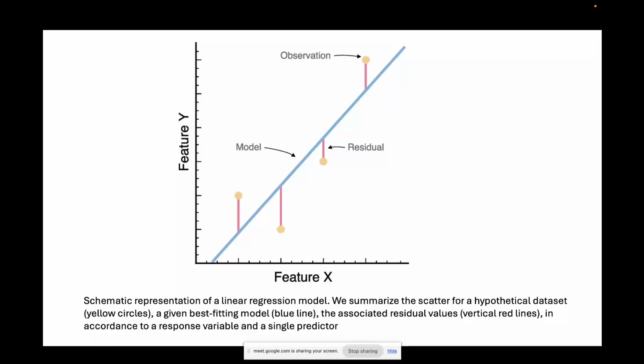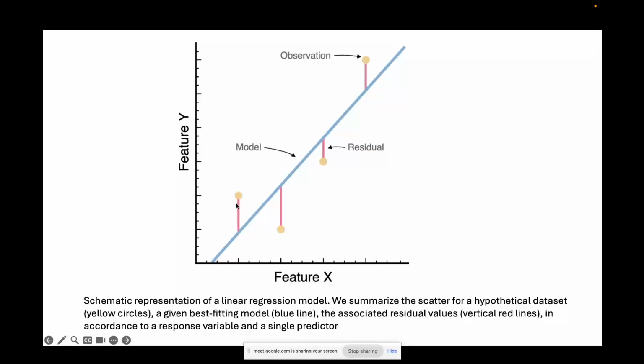Okay, so this is a schematic of the regression model that we are trying to show. The yellow ones are your data points, and this is the model that has been fit, this straight line. How you are going to evaluate the model is basically how far the particular data points are from the actual model.